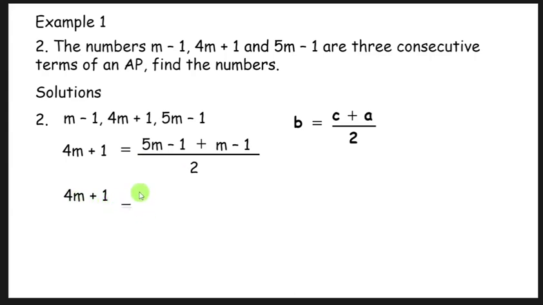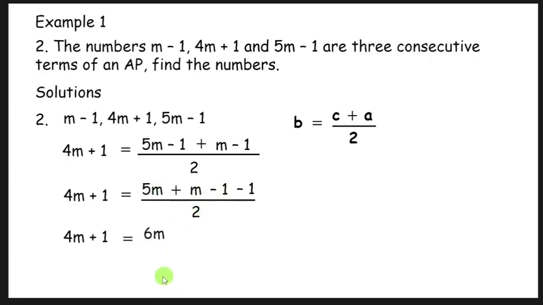Then we'll collect like terms, 5m and m. So 5m plus m, then minus 1 over 2. Then we'll say 4m plus 1 is equal to 5m plus m is going to be 6m, then minus 1 minus 1, minus 2, over 2.